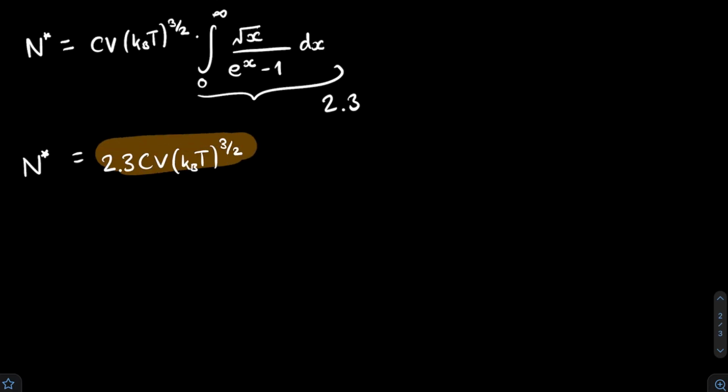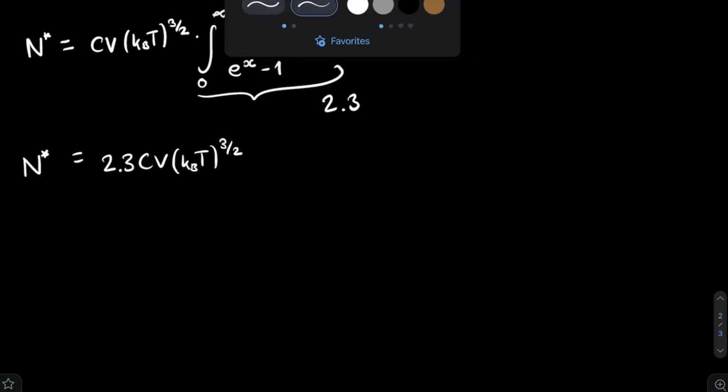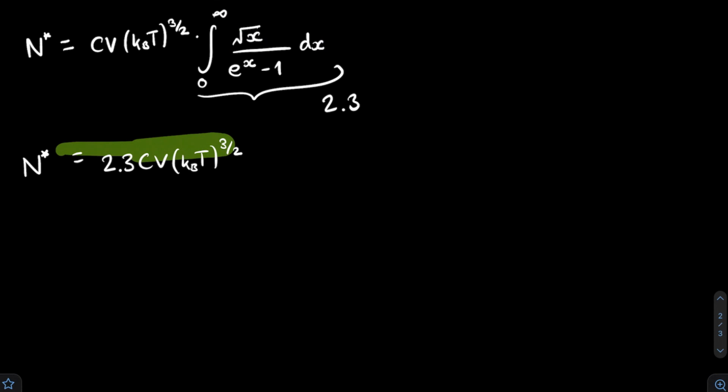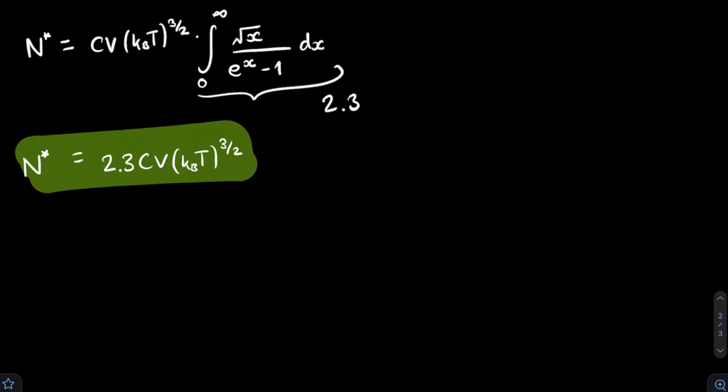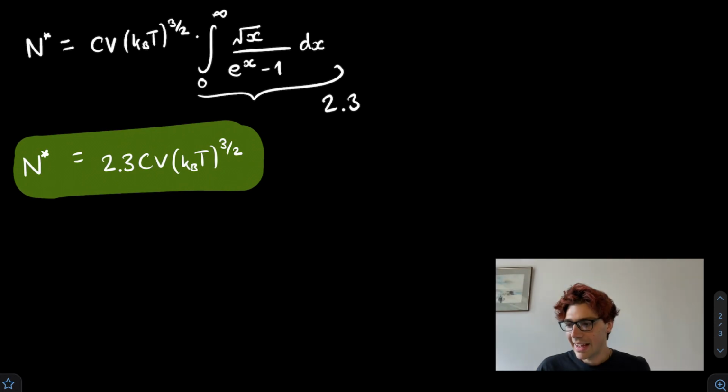We have just shown that if we have a box and fill it full of bosons, there is literally just a number, this number right here. This is fixed. It's just the number of particles in a box of a certain volume at a certain temperature, when we assume that the chemical potential is zero.